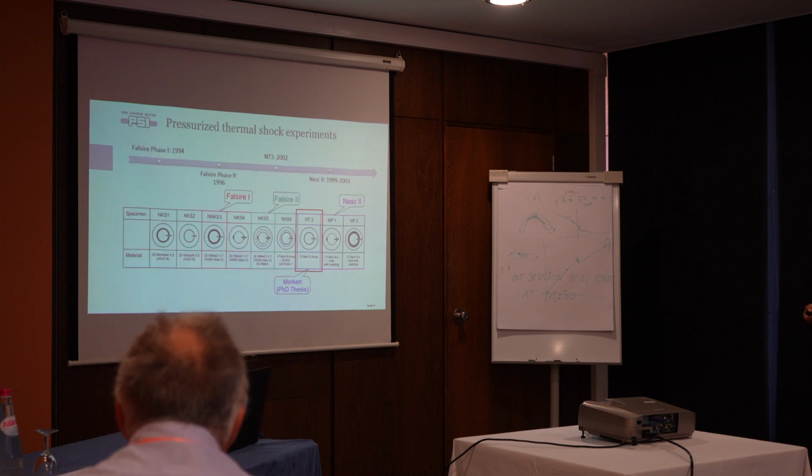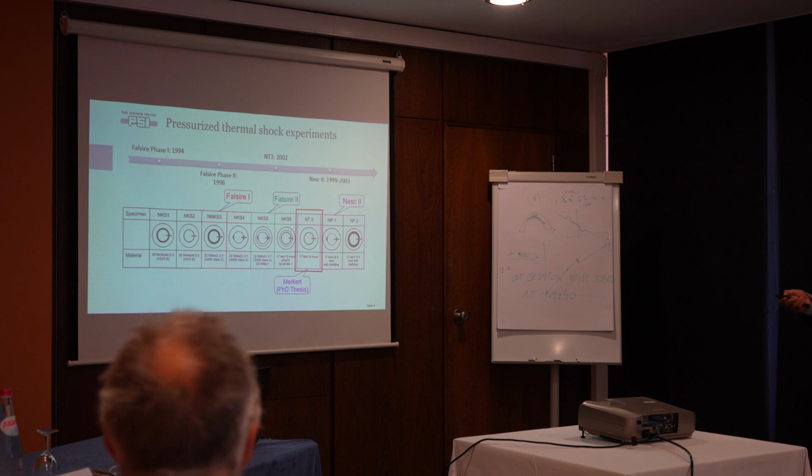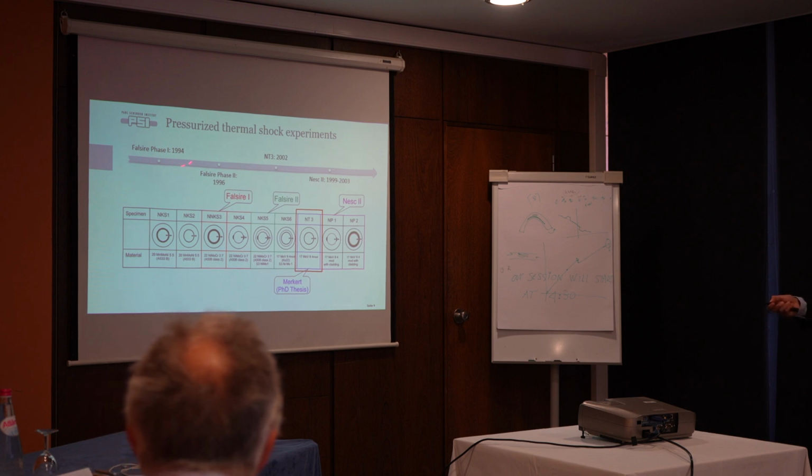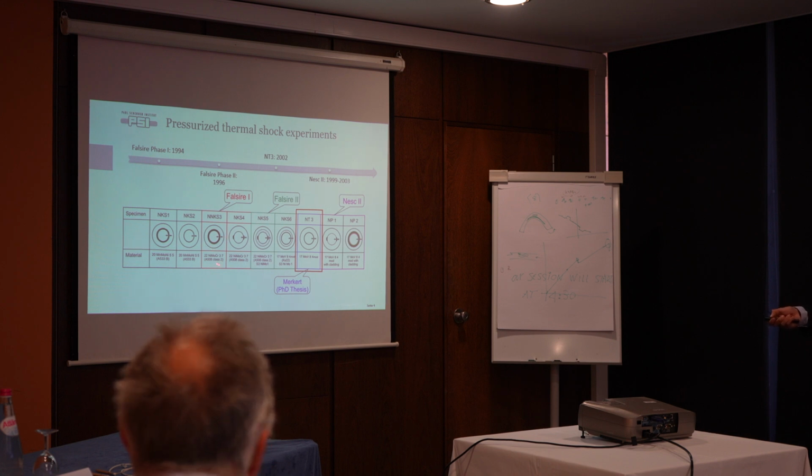In order to illustrate more or less what happened in FALSIRE, I put this slide which shows the beginning of FALSIRE in 1994, and they used these two types of cylinders, these initial defects, this material. This cylinder shows, under pressure and temperature, rather ductile behavior.